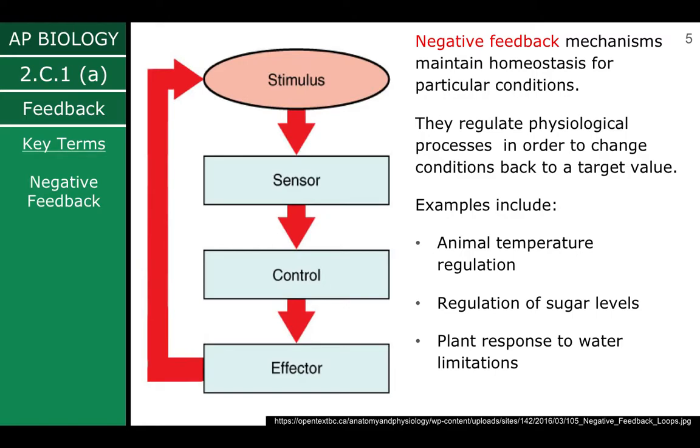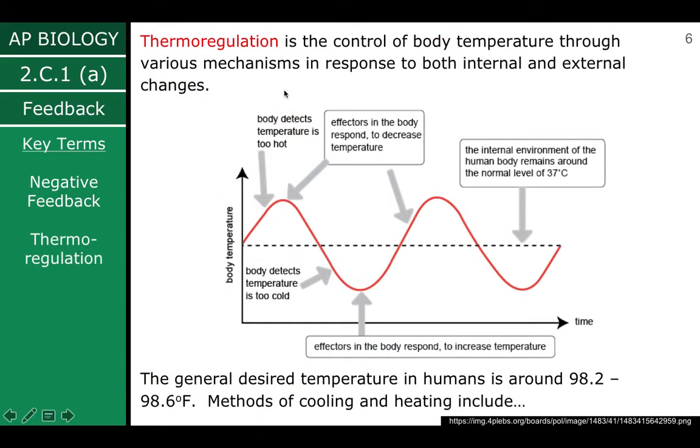So some examples of this are animal temperature regulation, regulation of sugar levels, and plant response to water limitations. So you can see in our negative feedback loop we have our stimulus, we sense that, we send that information to the control center, and then we have this effector response that is going to respond directly to the stimulus.